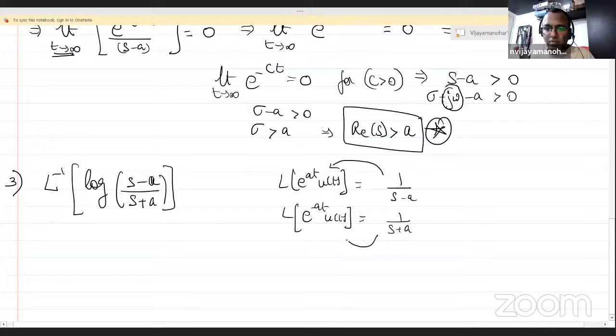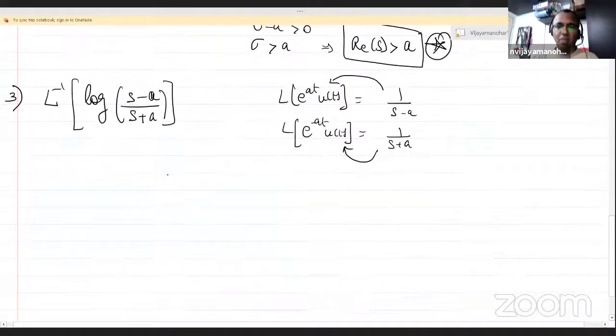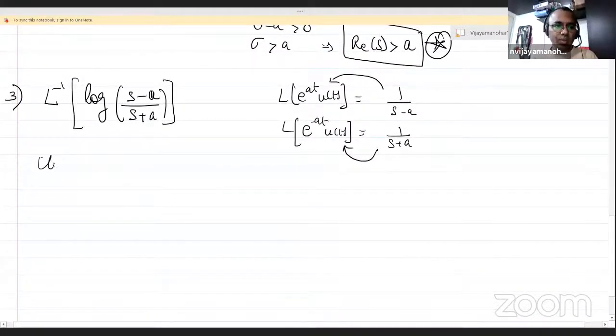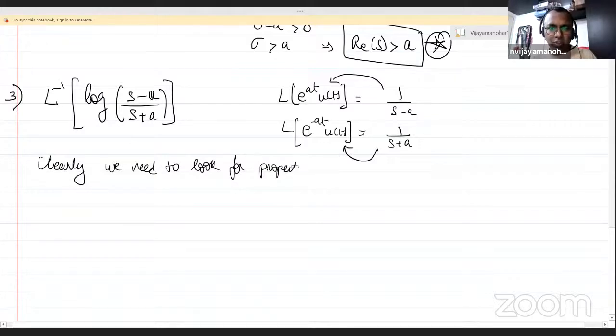But here, I don't know any function whose Laplace transform gives me log, so I need to clearly use some properties of the Laplace transform.